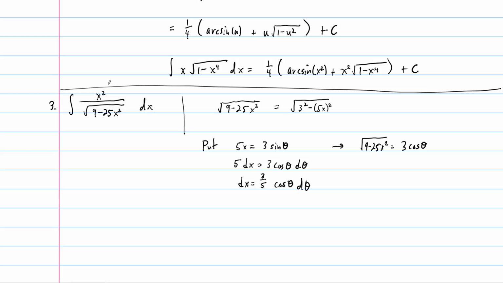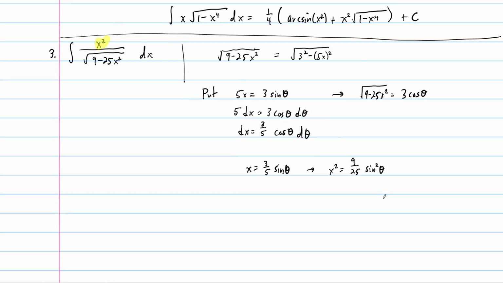We also need an x squared term in this one, so we have to rearrange a little bit further. Our x is going to be equal to 3/5 sine of theta. That means x squared is equal to 9/25 sine squared theta. And so these are the substitutions that we will make.